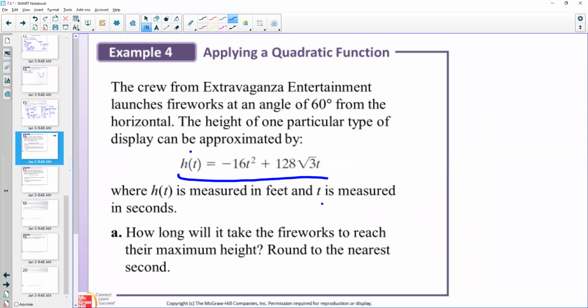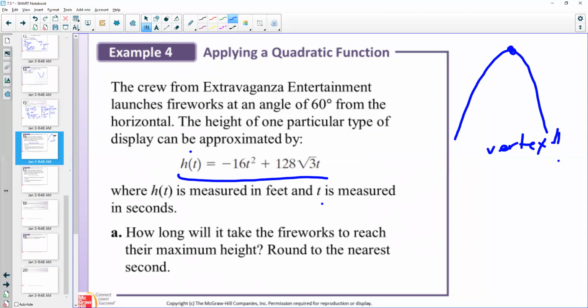First I want to know how long it will take the fireworks to reach their maximum height. If you think about a firework, we launch it off, and that max height is way up here. What's that max height? It's the vertex.